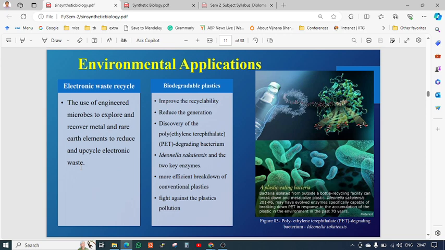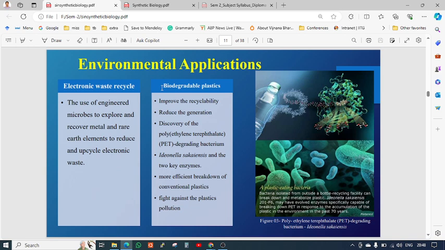For making these electronic applications, there are so many rare earth elements, silicons, semiconductors, all used for making electronic chips. But nowadays, genetically modified organisms through synthetic biology can help to degrade or separate different kinds of elements present in these electronic chips.